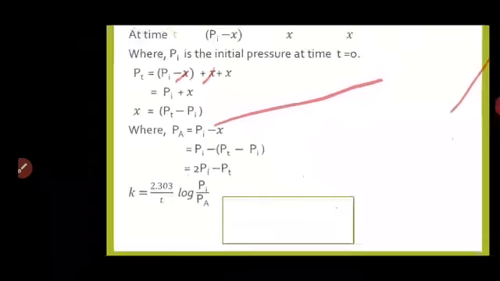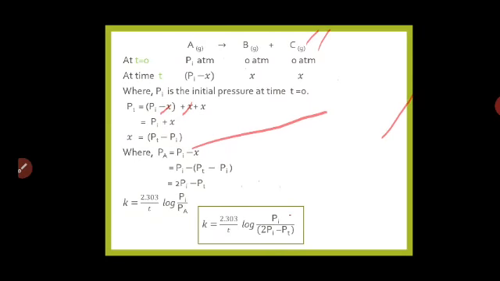So the final equation becomes K is equal to 2.303 divided by T into log of Pi divided by 2 Pi minus Pt. This is the integrated rate equation only for gaseous phase reactions. Whenever the pressure is given, we can use this equation. Otherwise, if the concentration is given, we have to use the earlier integrated rate equation for first order reaction.